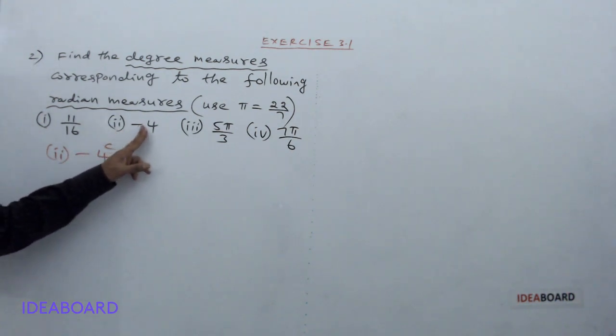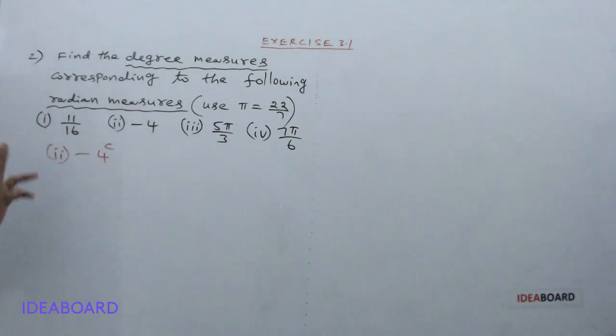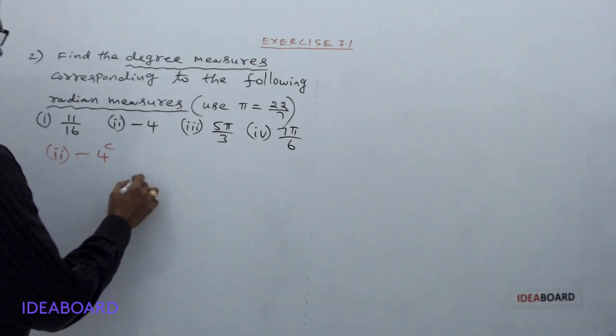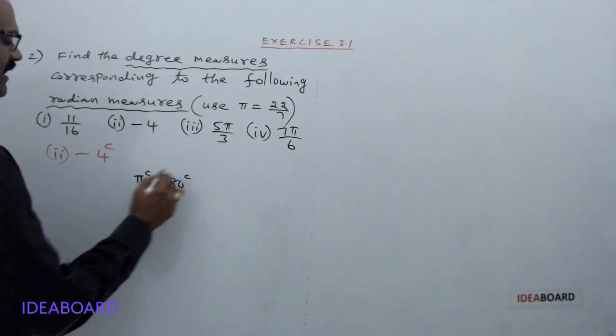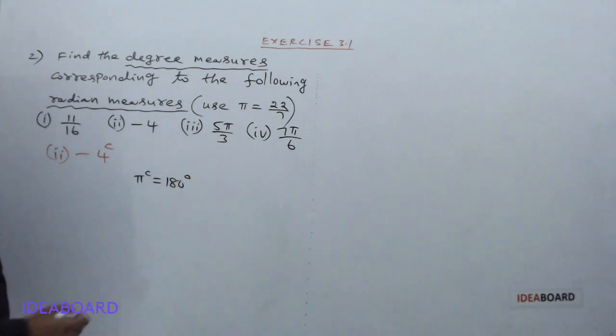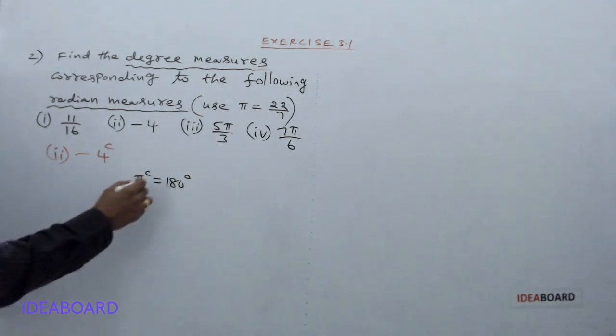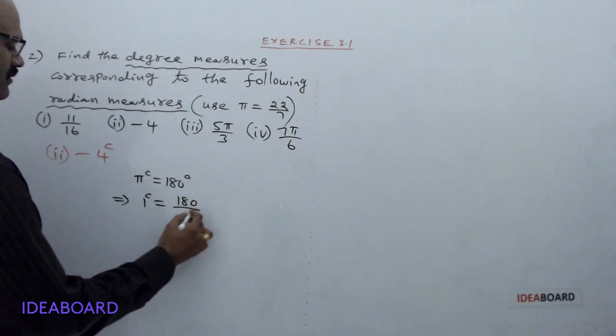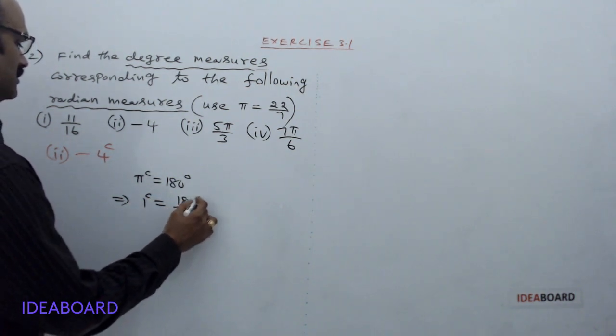Second problem, we have minus 4 radians. Take minus 4 radians. We have pi radians equal to 180 degrees. It implies 1 radian equals 180 by pi degrees.